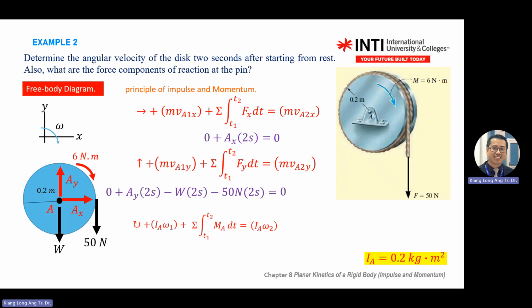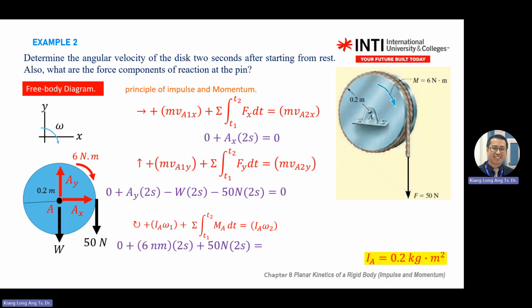Then the second one, IA you define 0.2. IA you are using IG by the table. Circular disc at the center point is either IXX or IYY. Right? You refer to the table. So omega 1, before it starts from rest.